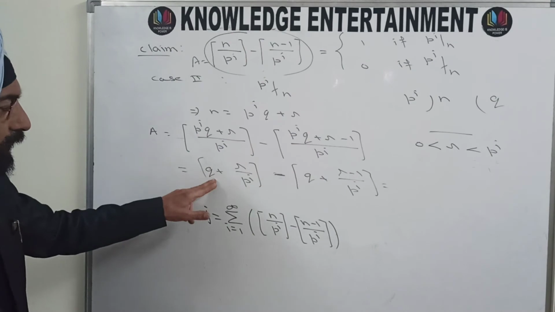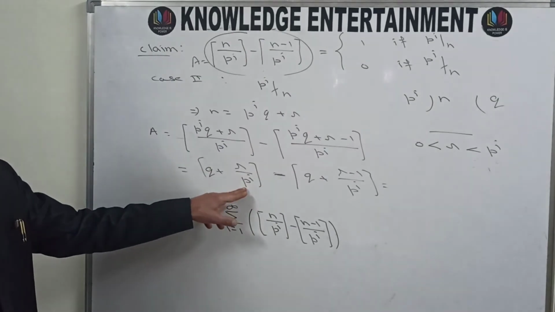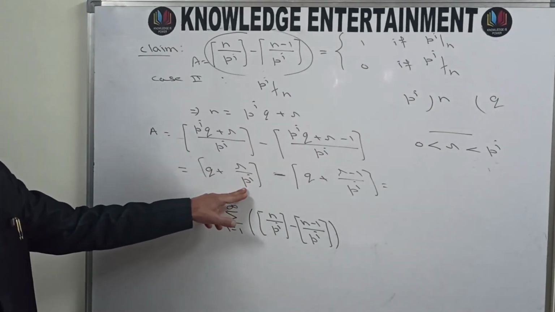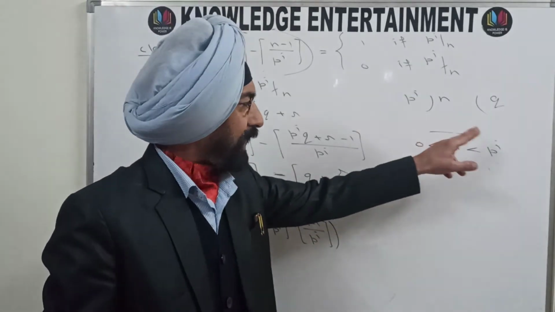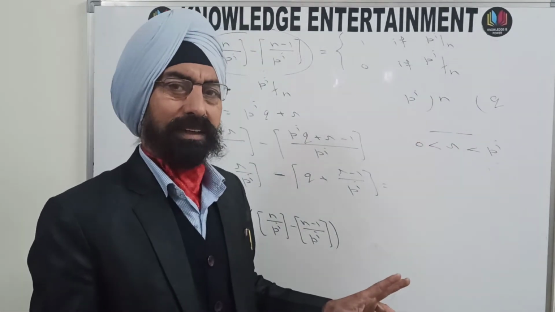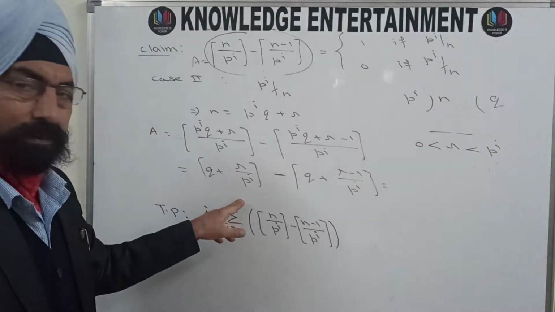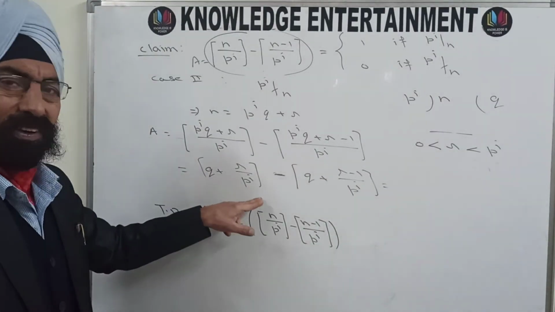Now q is an integer and this r upon p^i is a fraction, a number lying between 0 and 1. This r upon p^i is less than 1 but greater than 0, so it is a fraction. So some integer plus a fraction.